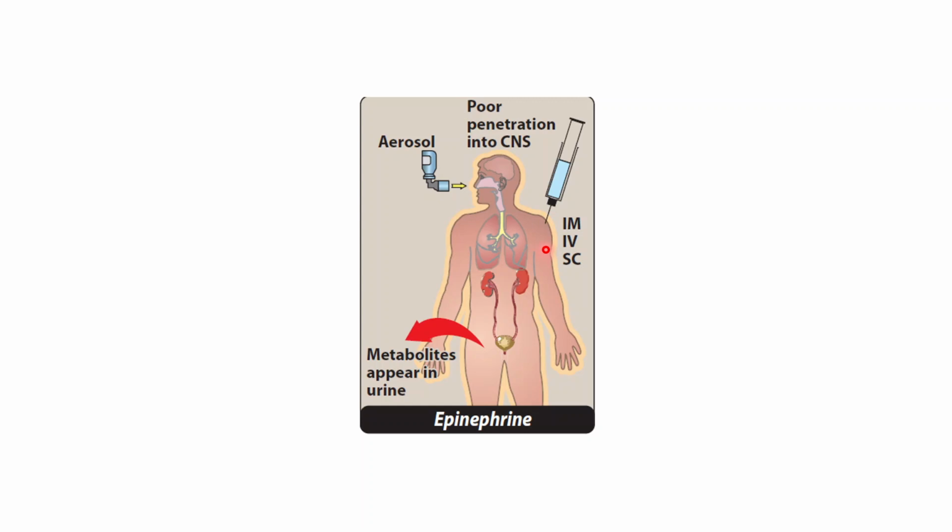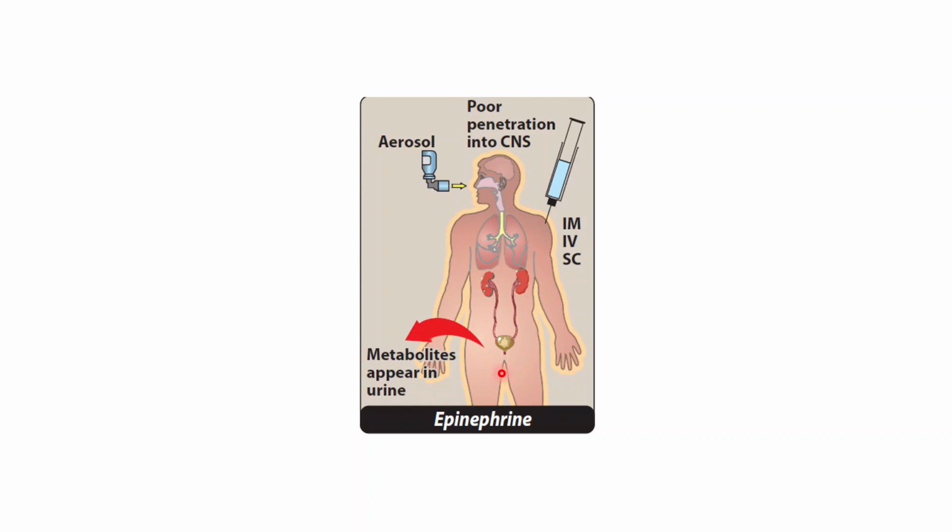That gives an even more rapid onset of action, but the duration of action is also shorter. The metabolites are excreted in the urine, so the route of elimination is by the kidneys.